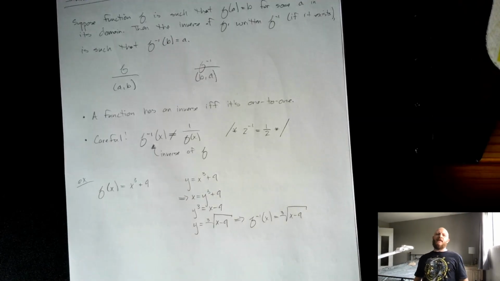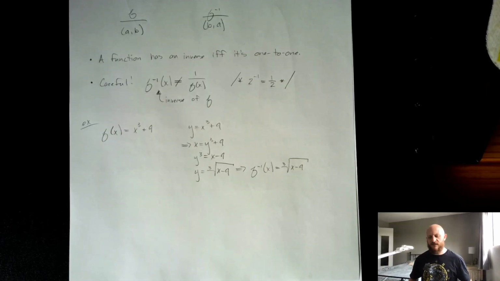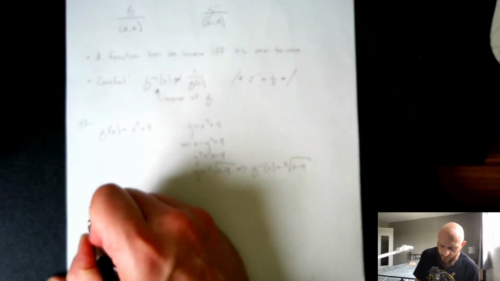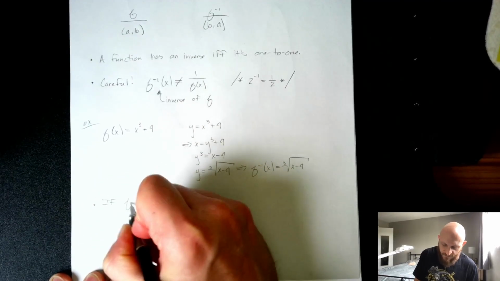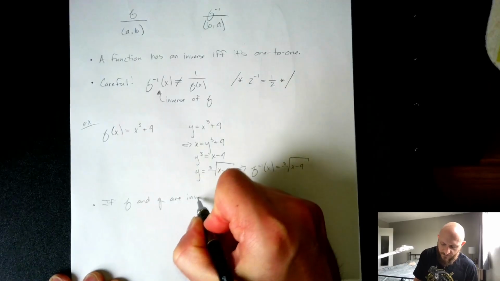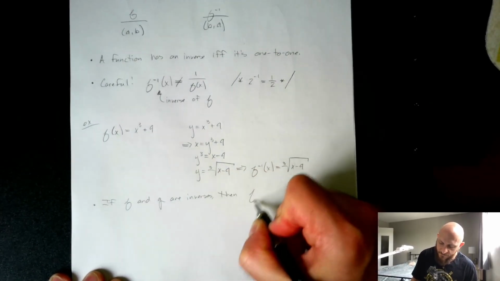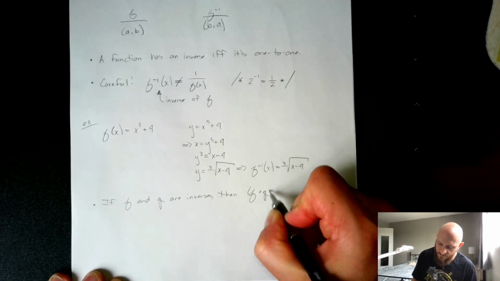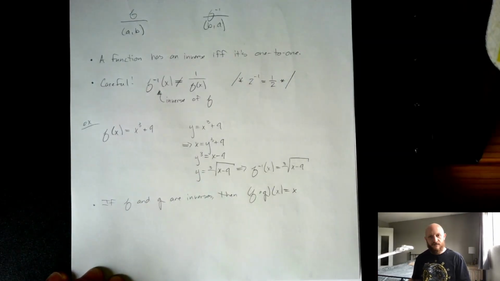How do we verify that, though? Like, we don't just want to trust it. Maybe we want to check that that's the case. Here's another fact about inverses. If f and g are inverses, then their composite, f of g of x, equals x alone.